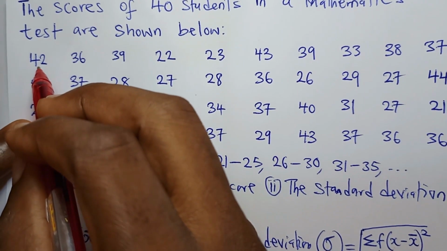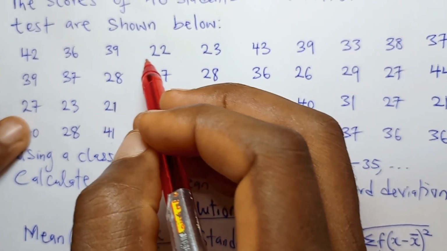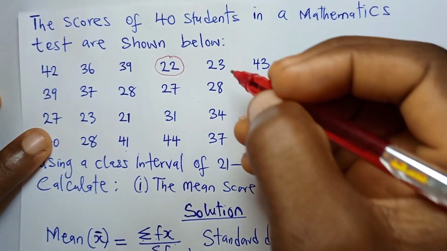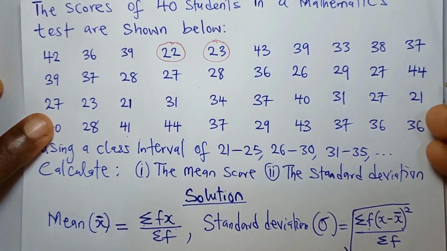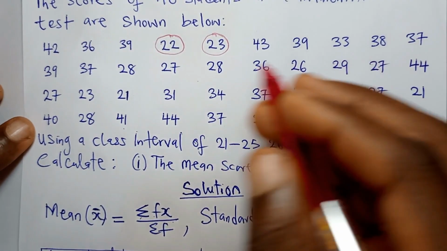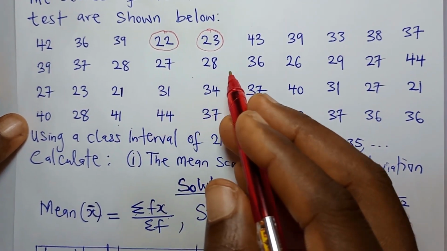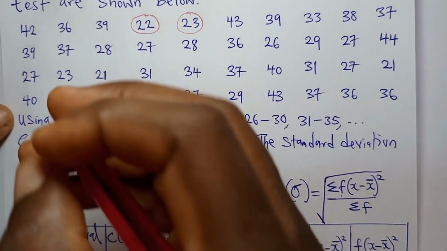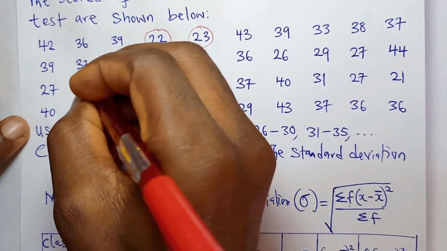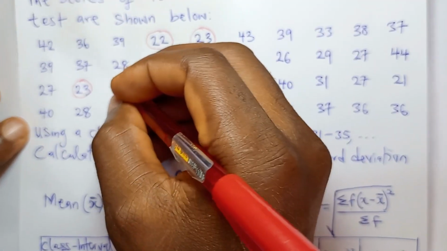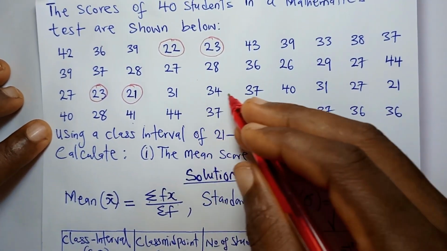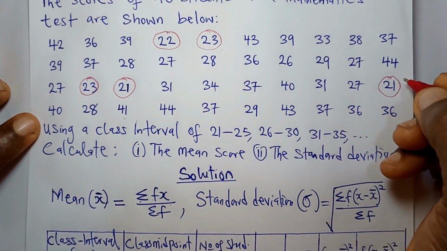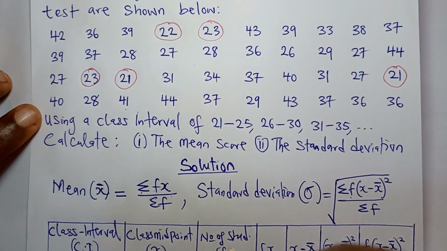This 42 is not in that class. 21 to 25, 1. 21 to 25, 2. 21 to 25, 3. 4. 5.